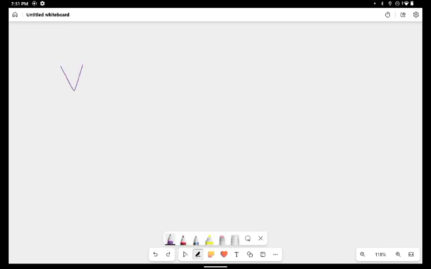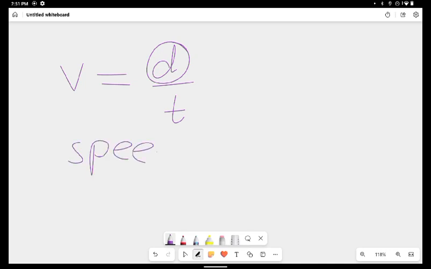So speed we denote by v. The v is also used to denote velocity, we'll see later. So speed is distance over time. Now this distance in the speed is the distance we were talking about before, the scalar one. This is a scalar quantity.